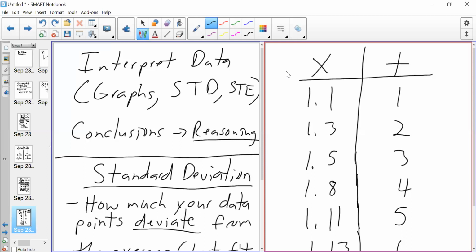Has everybody done the slope? If you haven't, make sure you do that part. I think it says on page 3, calculate the slope, right? So what you want to do is get that slope, or that velocity really. Get the standard deviation of your data points.